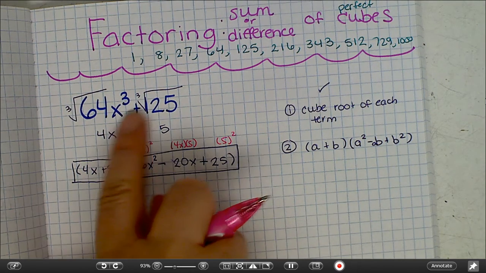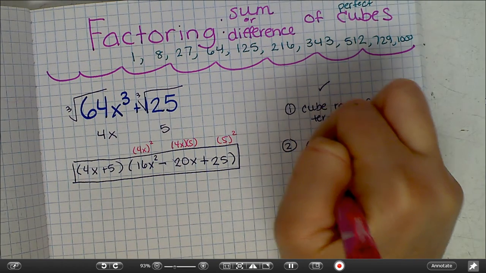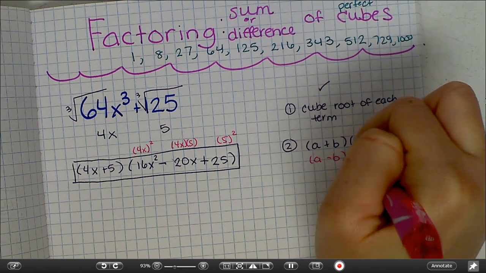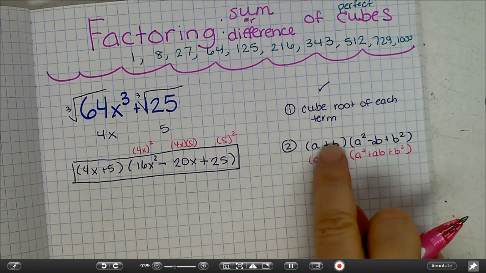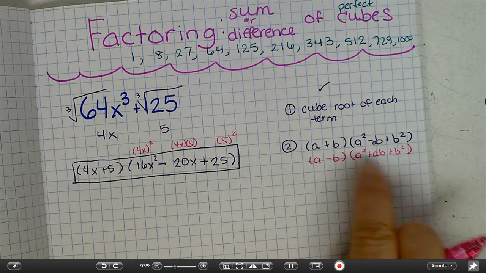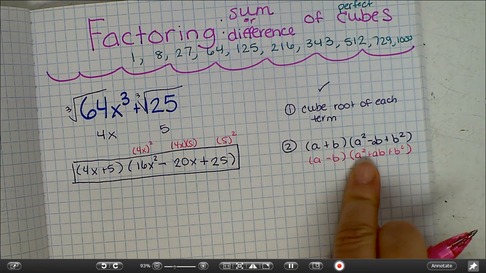If this was a minus, then you would do a minus b, a squared plus ab plus b squared. So this sign is the same as the one in the problem, and this one is the opposite. It's a memorizing thing. You've got to memorize it.